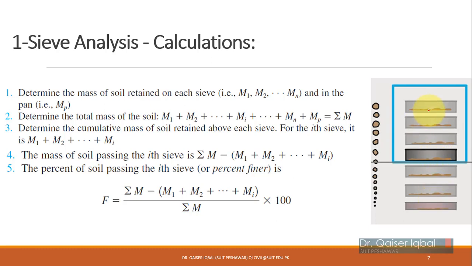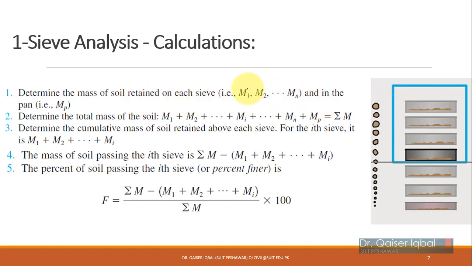The largest opening size sieve will be on the top, and the smallest opening size sieve at the bottom. So the larger particles will be retained on the upper sieves, and the smaller particles on the bottom sieves. As I mentioned, we put them in the oven for drying at 110 degrees centigrade for 24 hours, and once we take them out, we determine the mass of soil retained on each sieve.